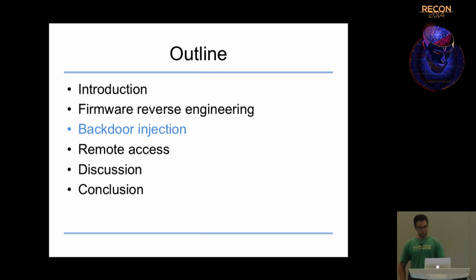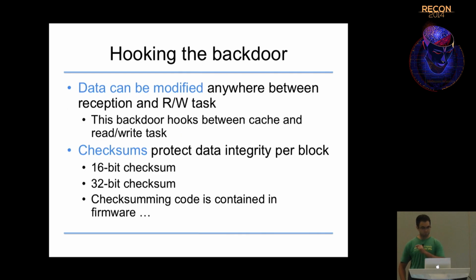So, let's look at the backdoor. My first hunch for hooking the backdoor was to just find in the write flow where the data passes through and is then passed to the read-write task. I hooked the first backdoor between the cache and the read-write task, not so much out of any practical considerations, but because this was the first point where I found the data.